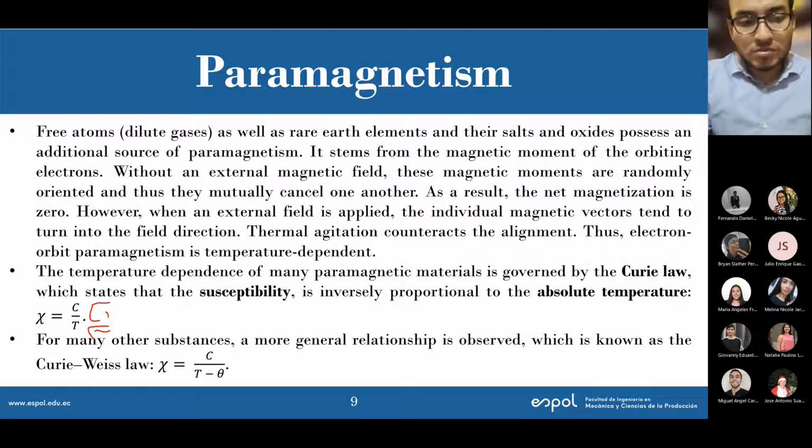But in general, for most materials, the susceptibility law was adapted by Weiss, and that's why it's called the Curie-Weiss law. The susceptibility becomes equal to the Curie constant divided by the absolute temperature minus theta. And what's theta? Well, theta is just another constant.